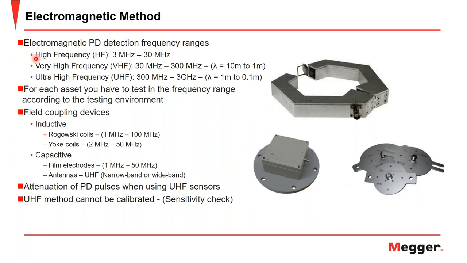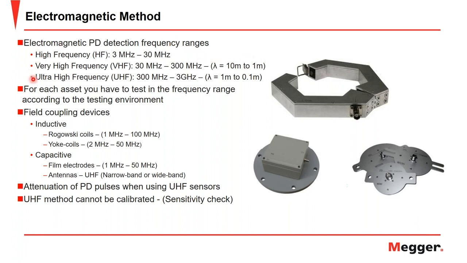These can range from high frequency, or HF, with a range of 3 megahertz to 30 megahertz, to very high frequency, or VHF, with a frequency range of 30 megahertz to 300 megahertz, which corresponds to wavelengths between 10 meters and 1 meter.